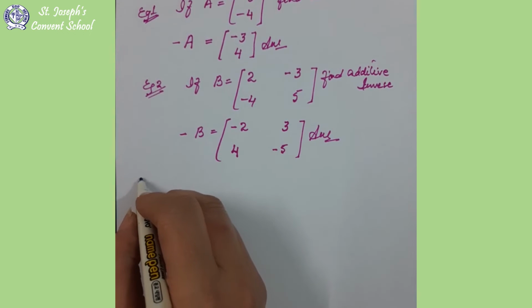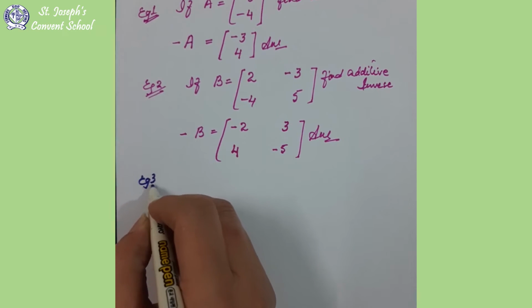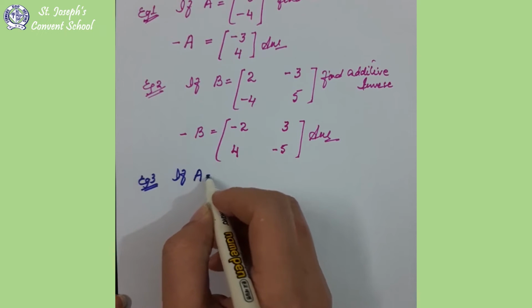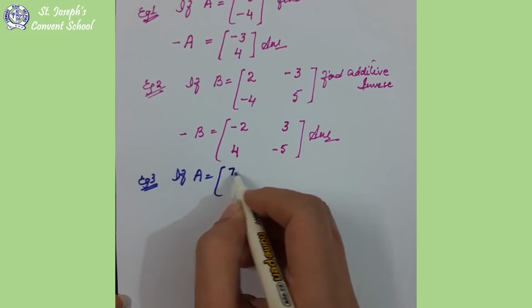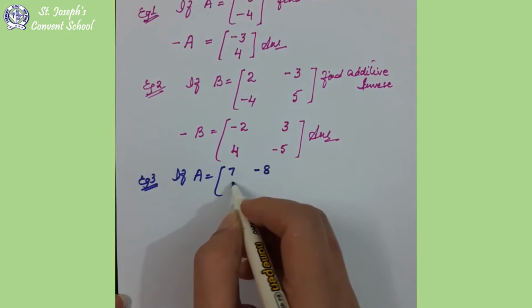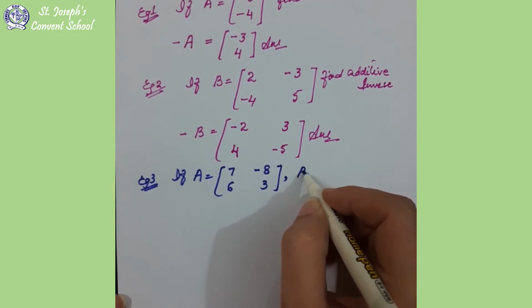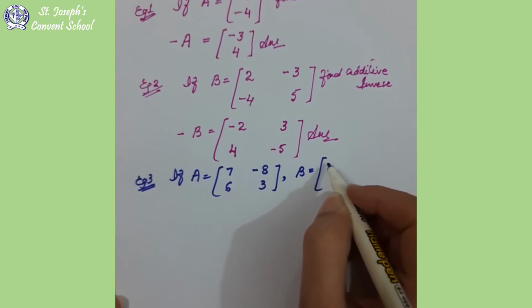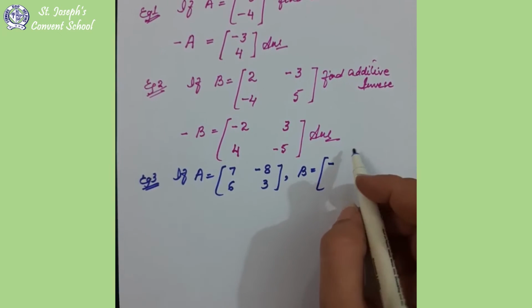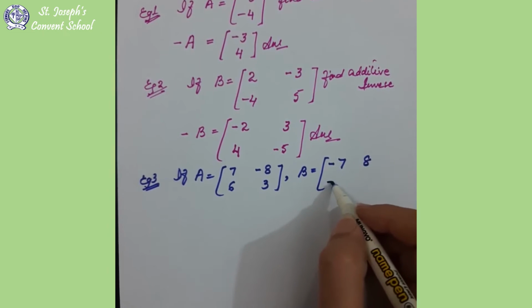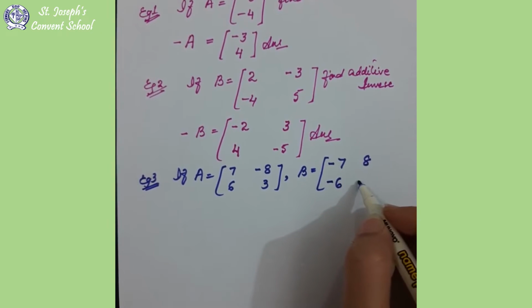Sample number 3. If A is 7, minus 8, 6 and 3, and matrix B is minus 7, 8, minus 6 and minus 3.